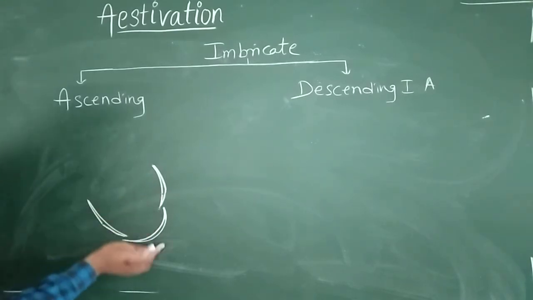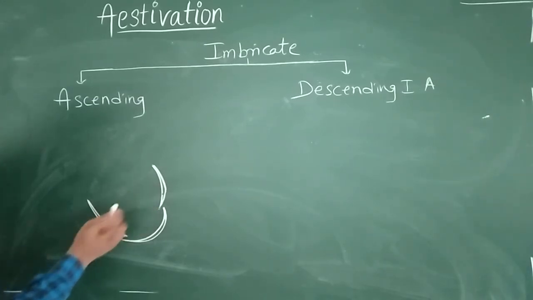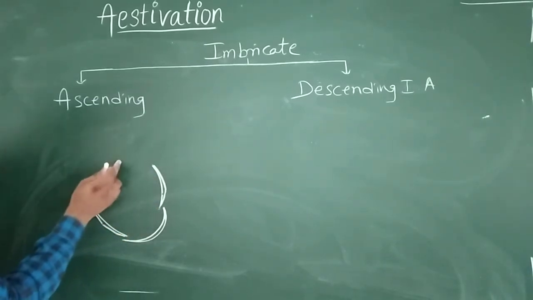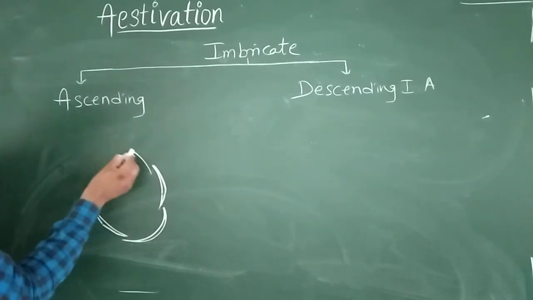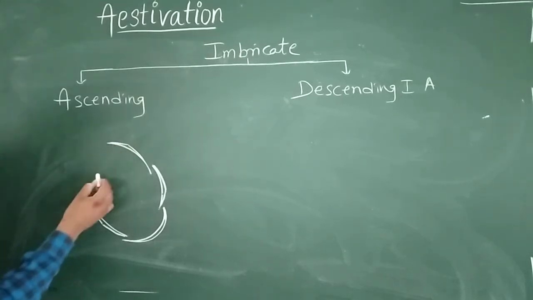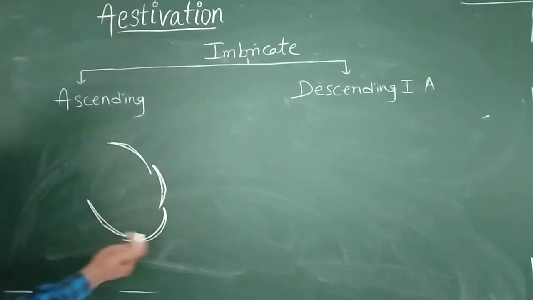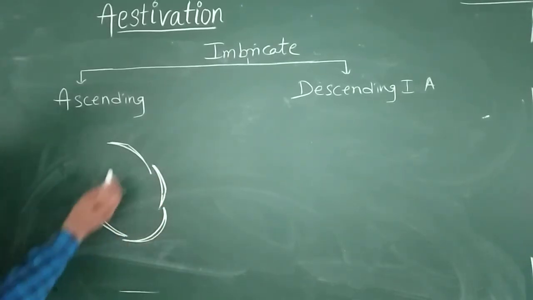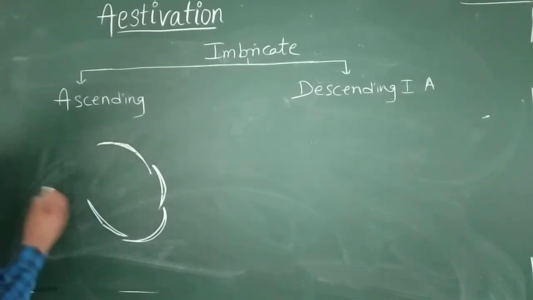These two petals are under this petal. These two petals are overlapping the next two petals. Here how many petals are there? 1, 2, 3, 4. The remaining one petal is twisting in manner.